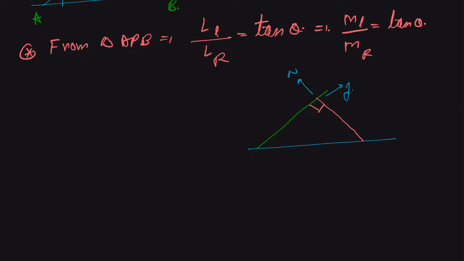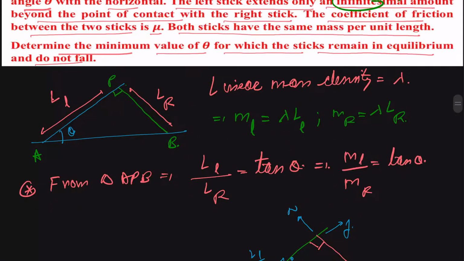For the left stick, there will also be a force m_L g in the downward direction, acting at a distance of L_L divided by 2. Sorry, my mistake. The angle is on the opposite side. This is not the angle. The angle is here.